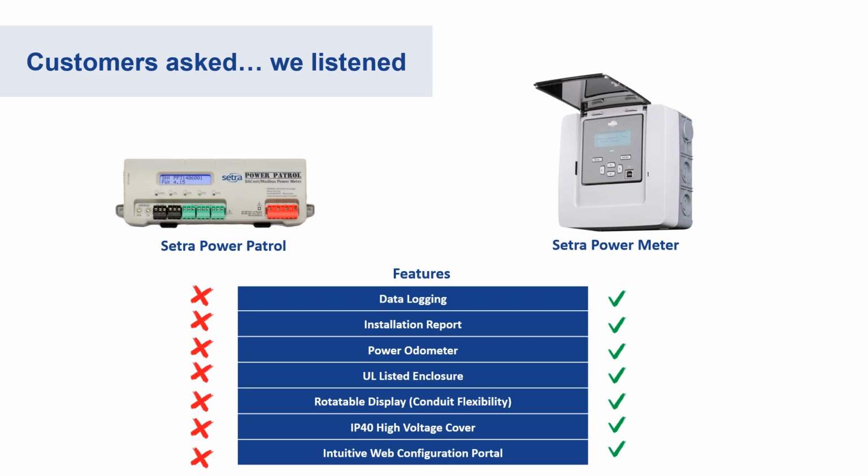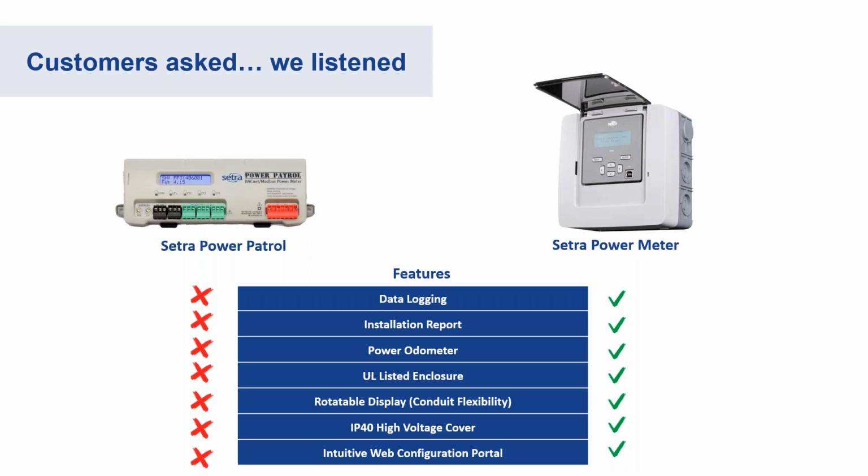A rotatable display, which is handy for challenging installations where you may need to reorient the power meter either vertically or horizontally, depending on the challenges of surface area or any conduits you might have to work around. An IP40 high voltage cover that covers the electronics and the high voltage area. We'll show you that. And an intuitive web configuration portal.